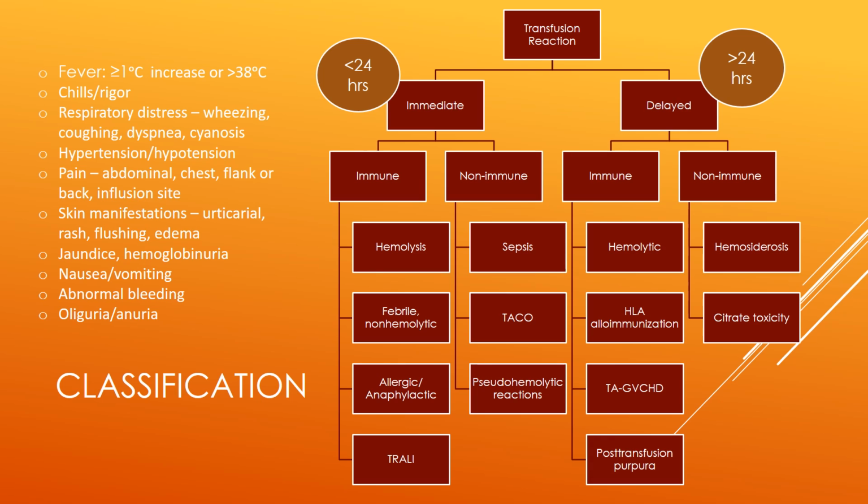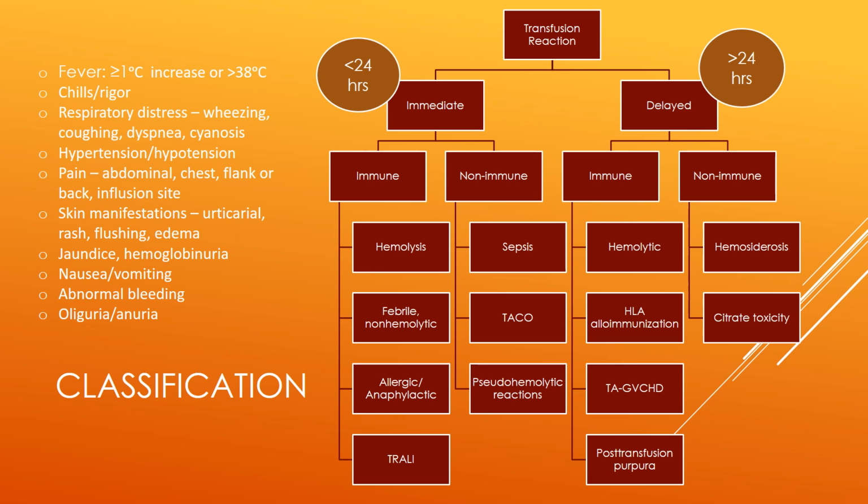Or otherwise, the next most common is probably chest pain. There can be skin manifestations, so rash or edema, anything like that, which are signs of various types of immune responses. And then, of course, jaundice and hemoglobinuria, those usually don't happen until a little bit later. Nausea, vomiting, abnormal bleeding, oliguria, or anuria.